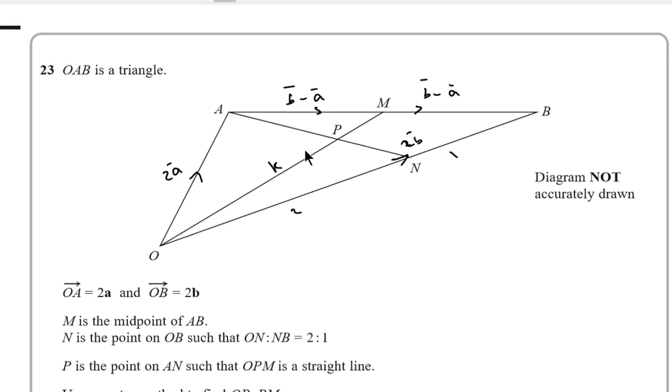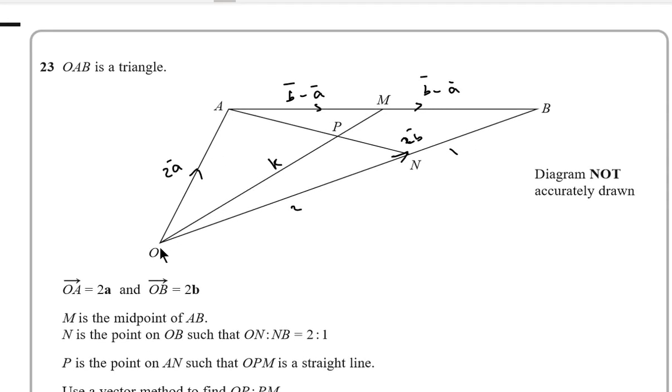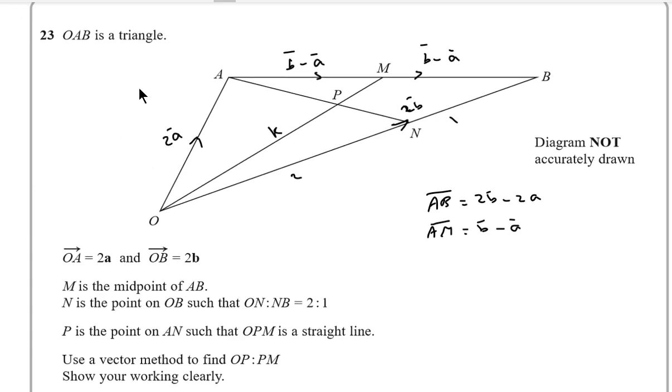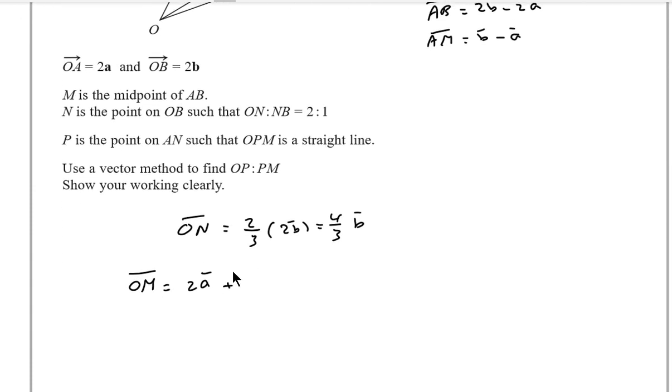Again, AB vector is 2b minus 2a, so AM is half of this, which is just b minus a. And to get OM, it will be 2a vector plus b minus a, which is b vector plus a vector.